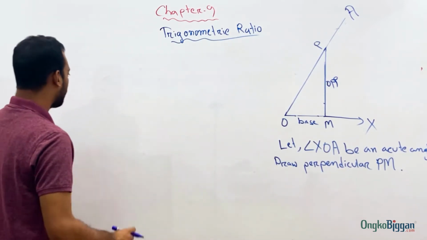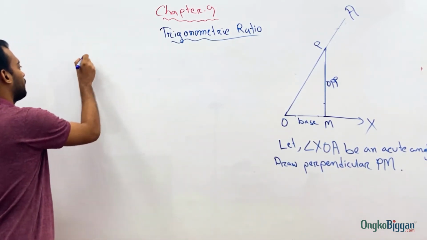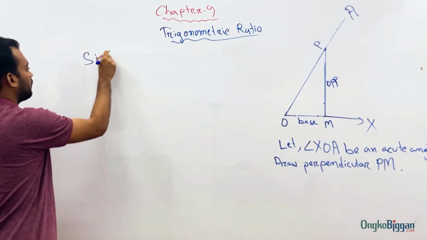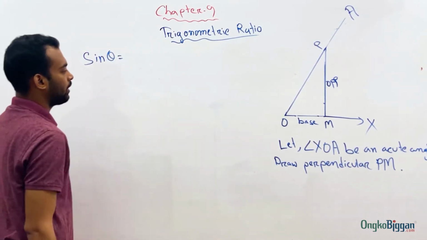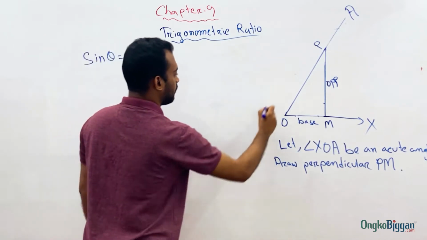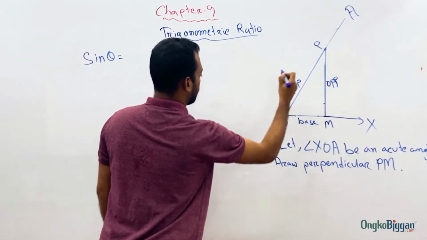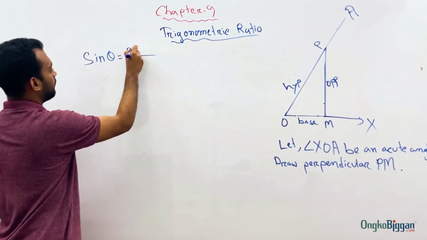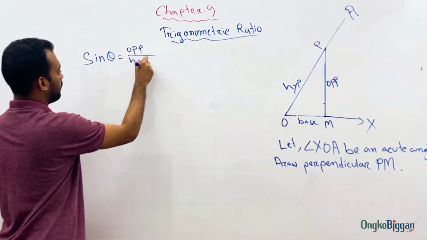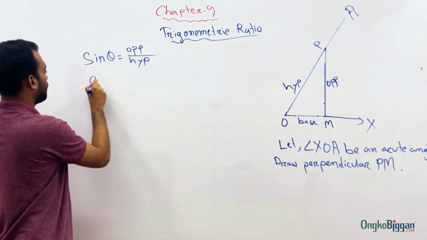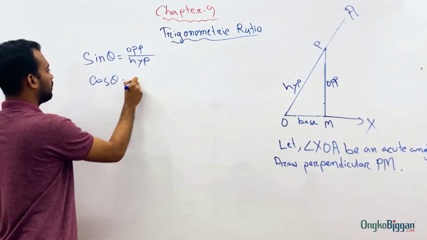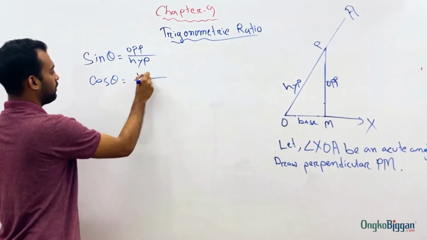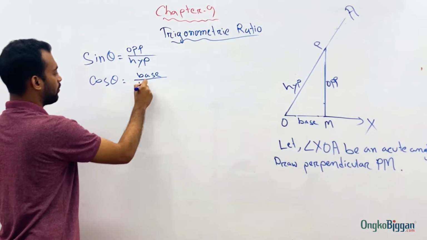So let's write the three basic ratios first. The first one was sine theta. What is sine theta again? Sine theta was opposite by hypotenuse. Cos theta was base by hypotenuse.